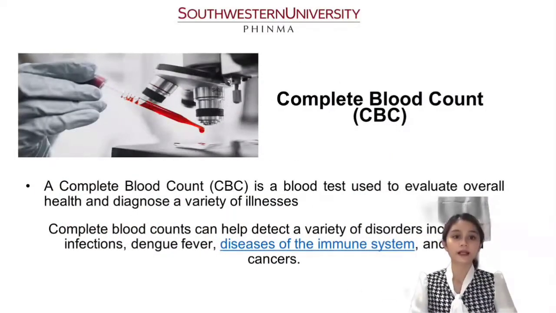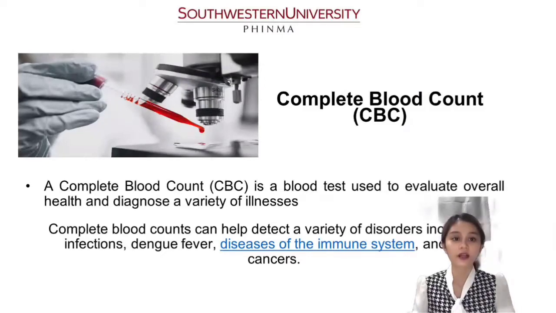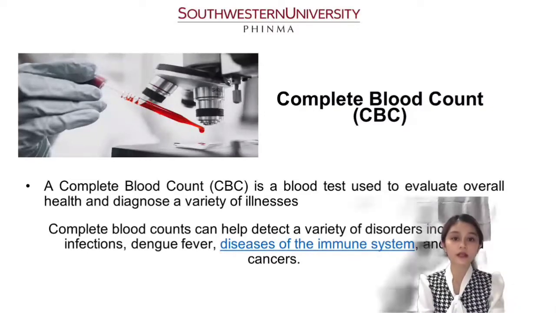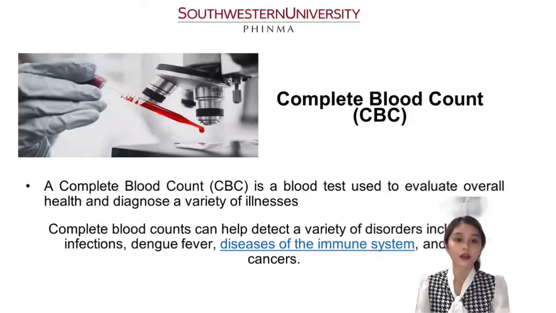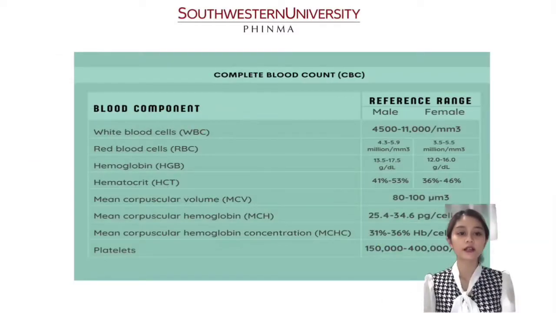A complete blood count is a blood test used to assess a person's general health and find a number of illnesses such as anemia and dengue. A complete blood count must be conducted to differentiate and confirm diagnosis. And here is the reference range for complete blood count.